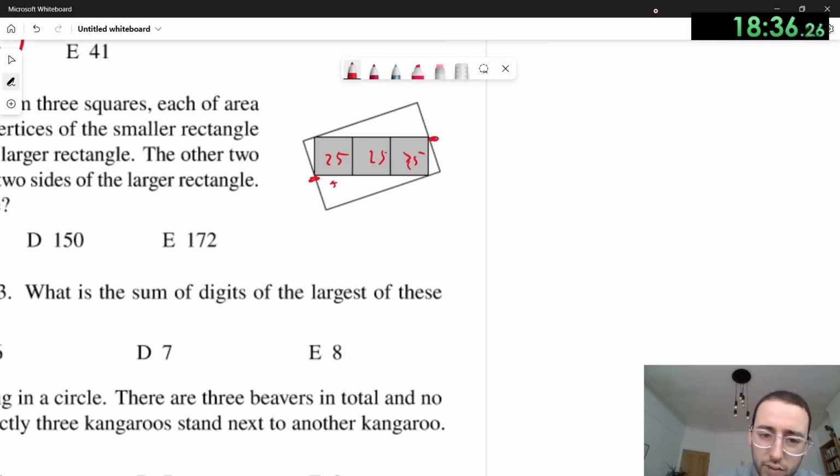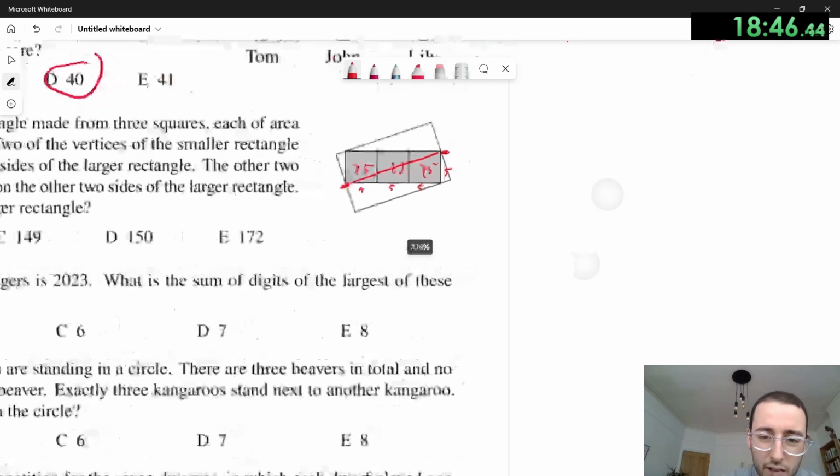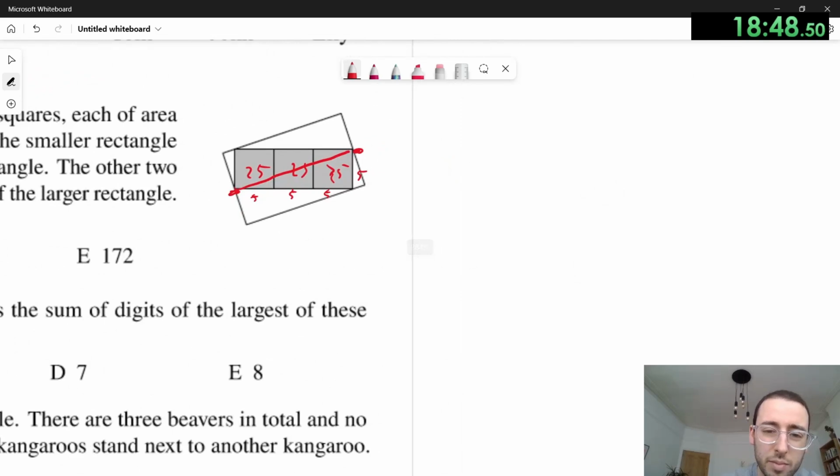Okay, so this is 5, 5, 5, 5. We can find that length because it's just Pythagoras, so it's 15 squared plus 5 squared equals c squared.